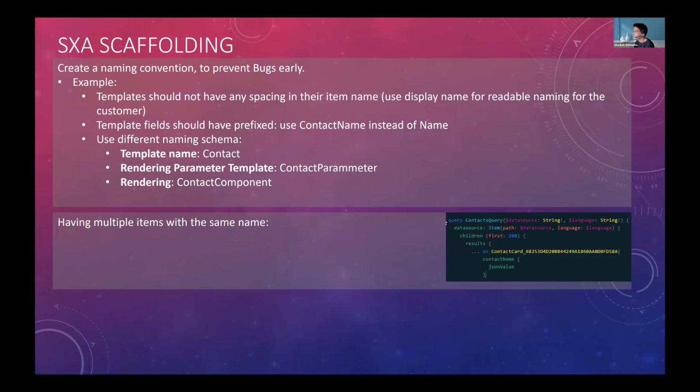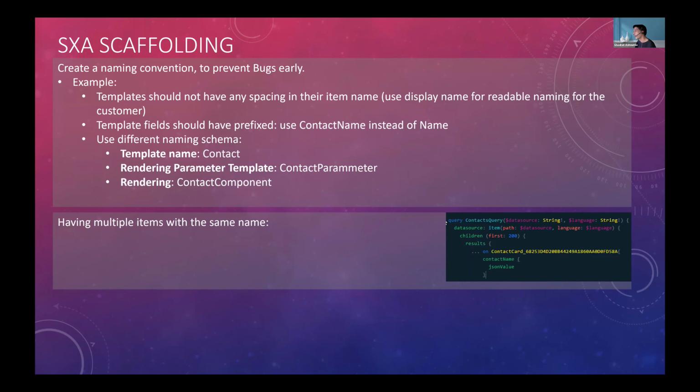The issues come later. For example, it was a bug at the early phases on the xmCloud. How this GraphQL schema generator works is if it finds two items with the same name, it will add the ID of the items, as you can see in here, to the end of that item name.